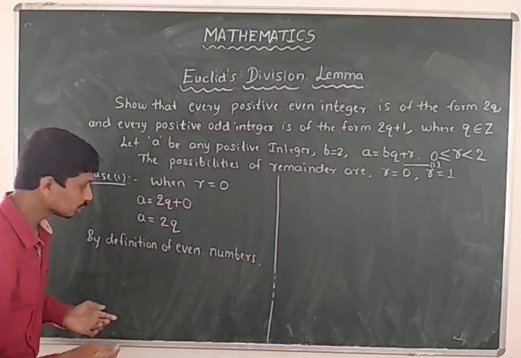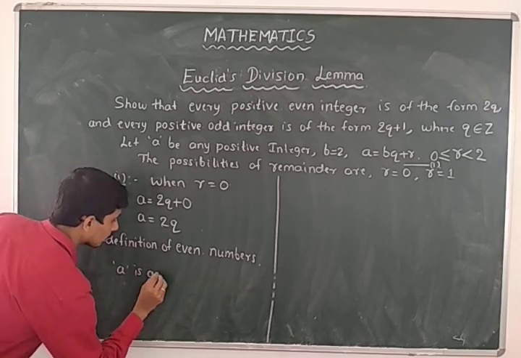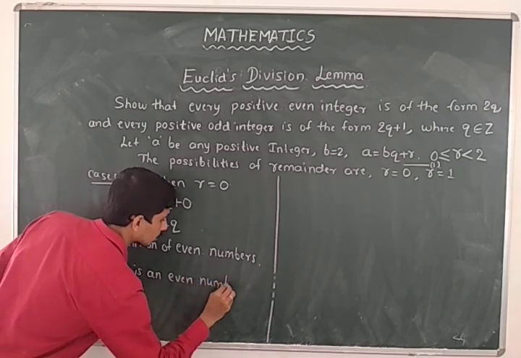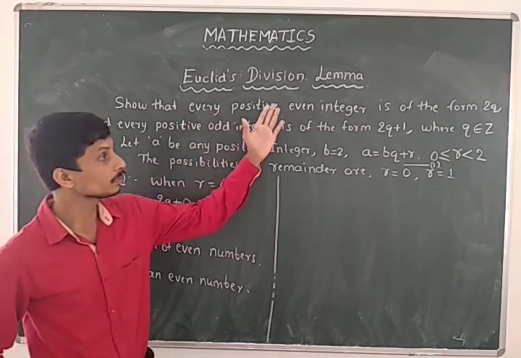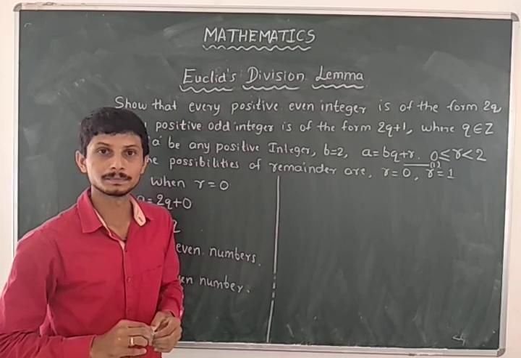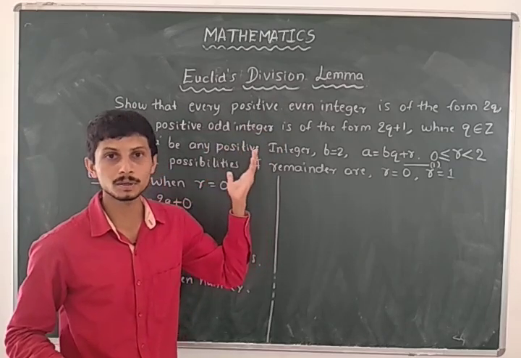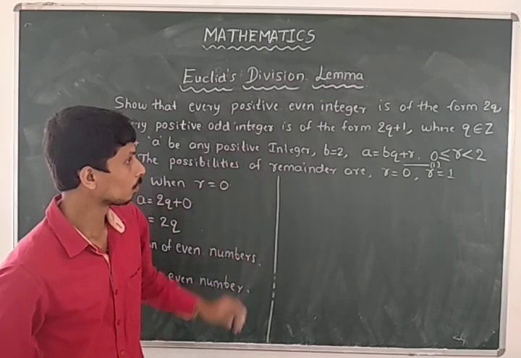We come to the conclusion that a is an even number. So that means every positive even integer is of the form 2q itself. So we completed the first part of this problem. Next, consider r is equal to 1.